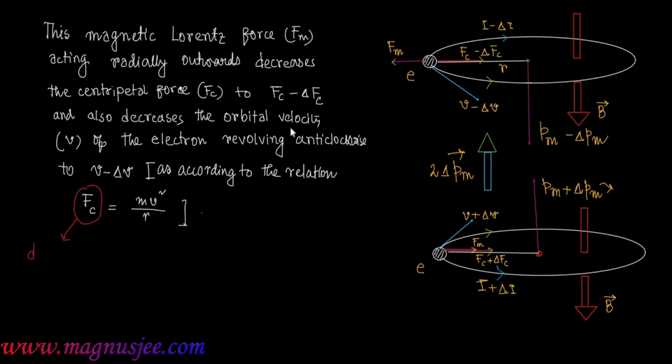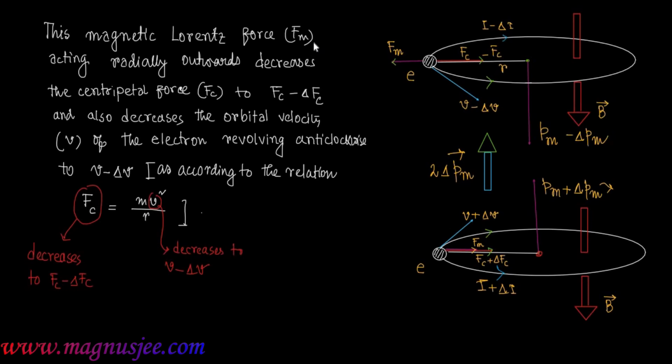As centripetal force Fc decreases to Fc minus delta Fc, orbital velocity v also decreases to v minus delta v.